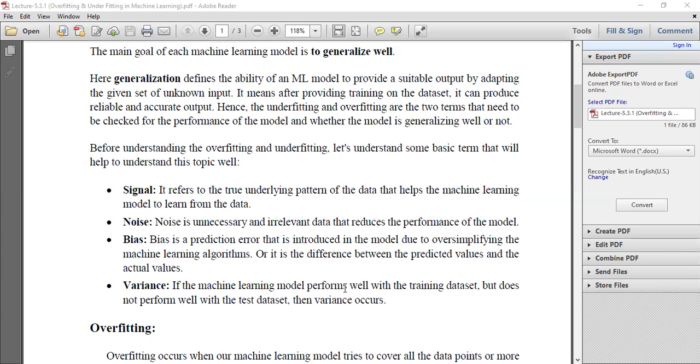Bias is a prediction error that is introduced in the model due to oversimplifying the machine learning algorithm, or it is the difference between the predicted value and the actual values. Variance. If the machine learning model performs well with the training data set, but does not perform well with the test data set, then variance occurs.